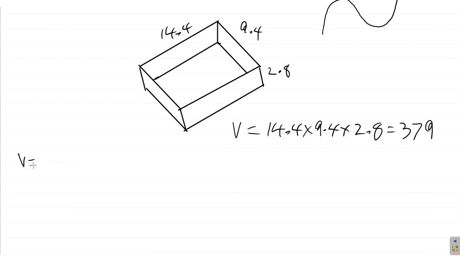Suppose we have two other volumes. Suppose we had cut off, instead of 2.8, we cut off 2.5. So we go a little bit under 2.8.